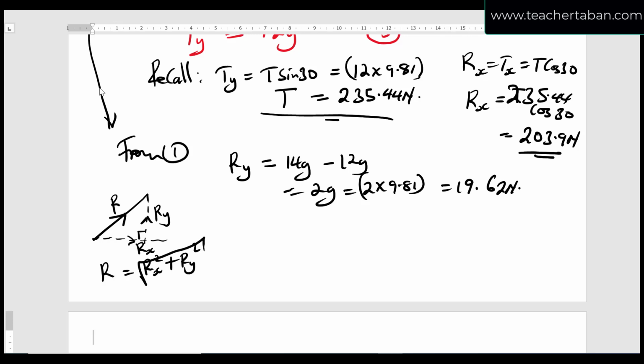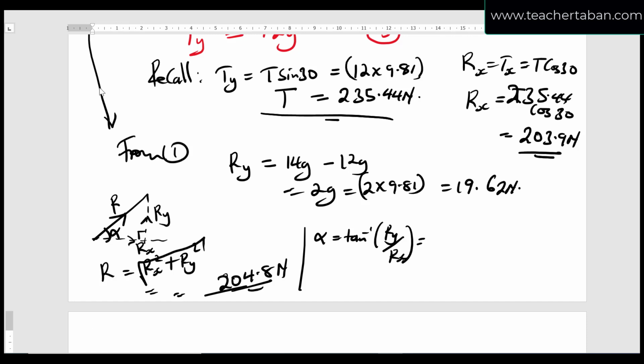When you substitute in your values, we shall find that our R is 204.8 newtons.